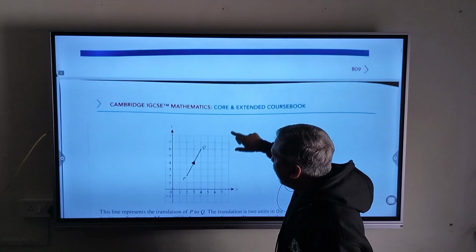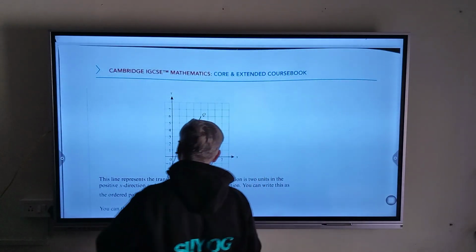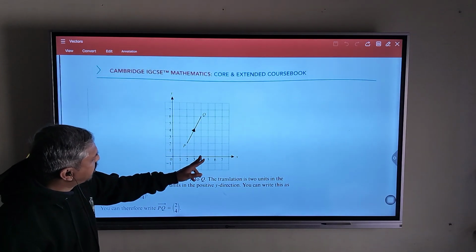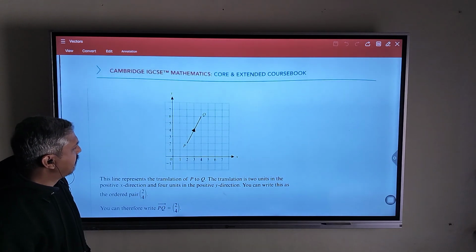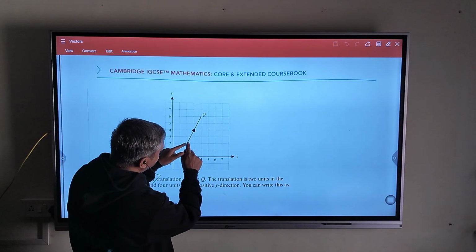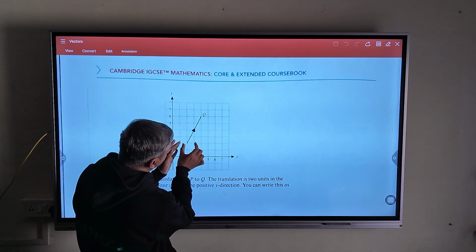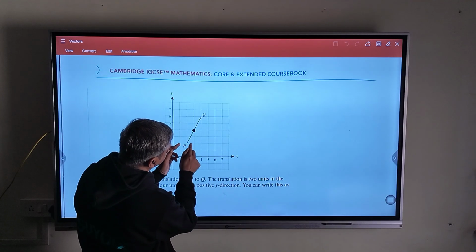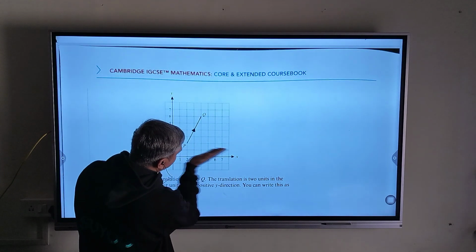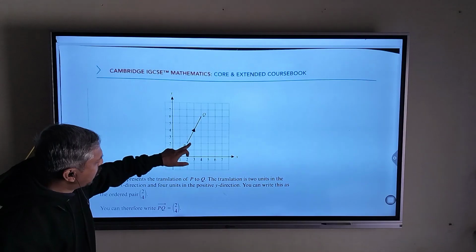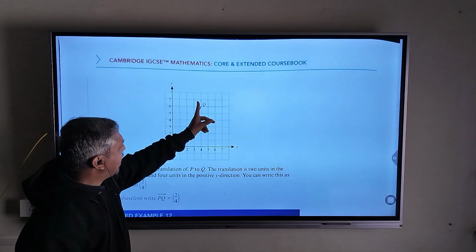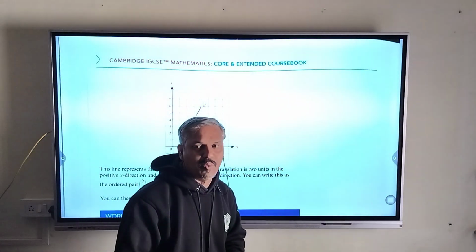Writing vectors as number pairs. Let's see this. This is P and Q. The point P is denoted by (2, 2). The point Q is denoted by (4, 6). So the vector PQ starts from P and goes up to Q. How much in the x direction? As it goes from P to Q, it goes 2 units towards the right on the x-axis, and 4 places up along the positive y-axis.